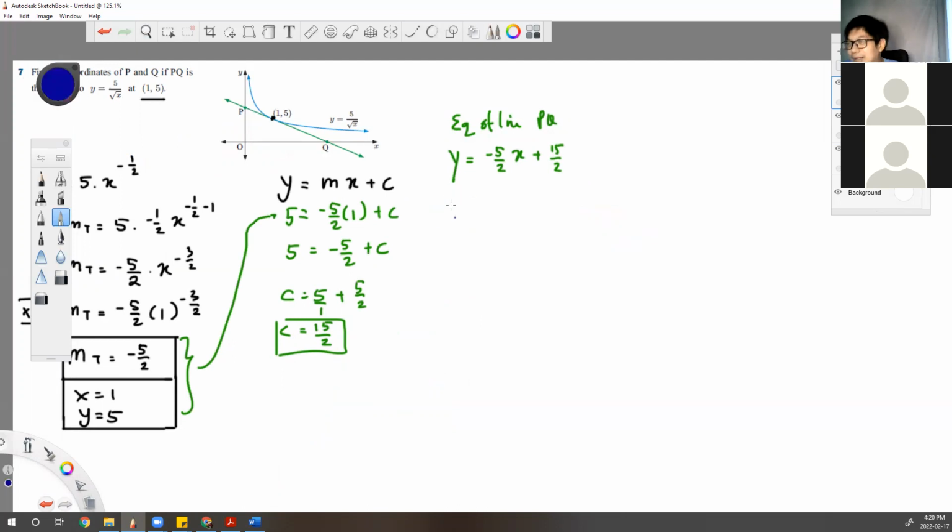So you find P: y_p equals -5/2 times x_p, which is 0, plus 15/2. It's already shown in the graph, so the point P is (0, 15/2), of course. And to find the value of Q, we know that this is the x-intercept.